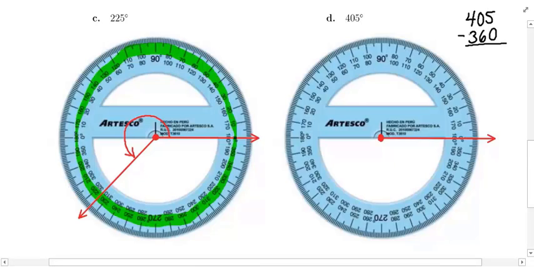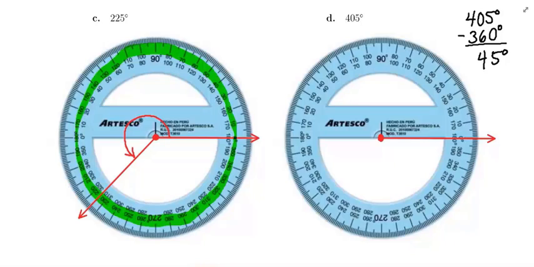That's going to tell us, once we reach the 360 mark, how much further do I need to go? If we do this subtraction, 5 minus 0 is 5, and then 40 minus 36 is 4. So once we reach the 360 degree mark, we're going to have to go 45 degrees more, and then that will get us to 405.